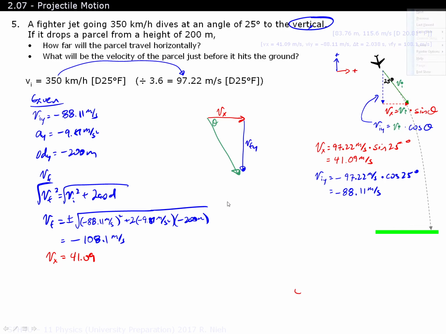So our Vf is equal to the root of Vx squared plus our Vfy squared. Sub the values in.